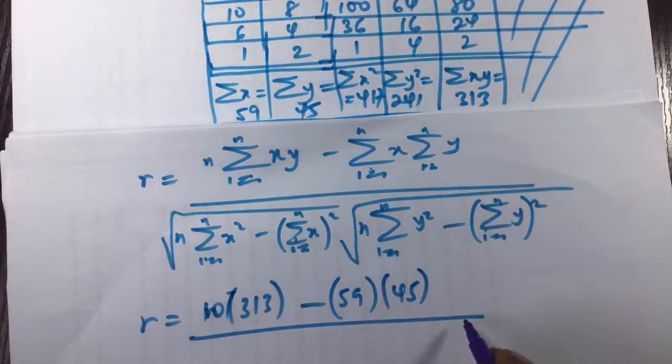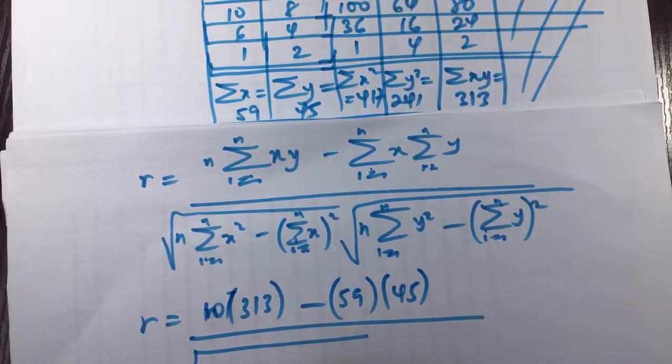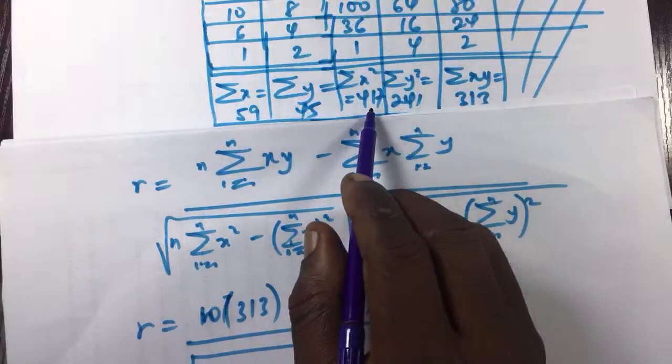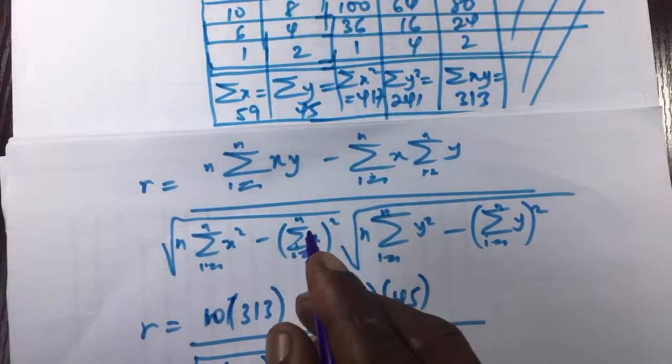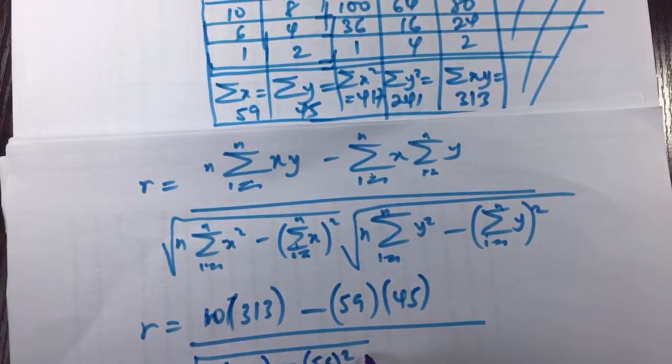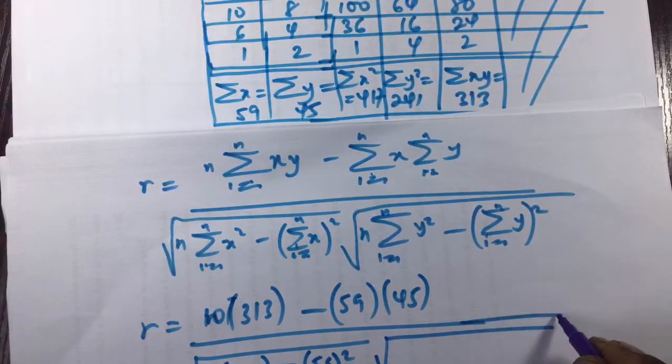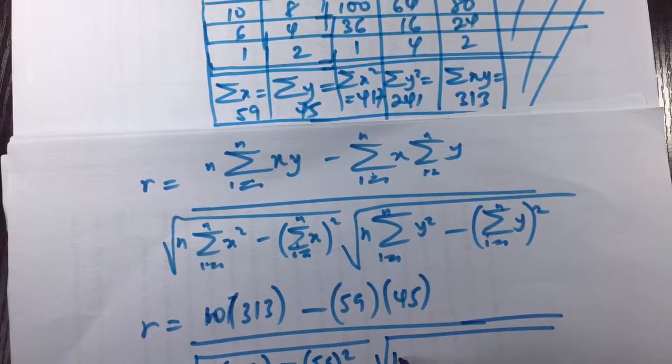All over square root of n, which is 10, times summation x squared. Summation x squared is 417. So I'm going to put 417 here. Minus, what is summation x all squared? It will be 59 all squared. Then I'm going to come to the next square root and put here 10.